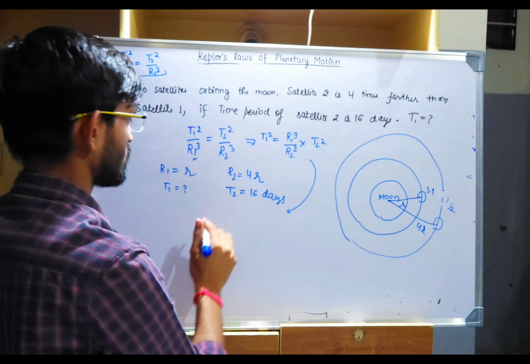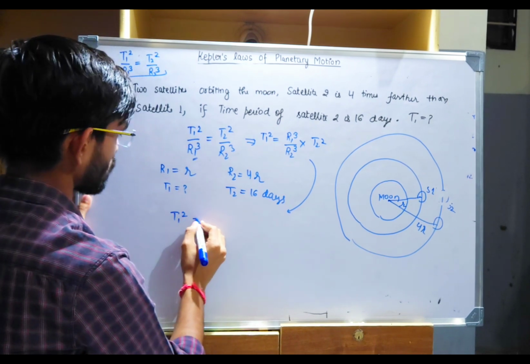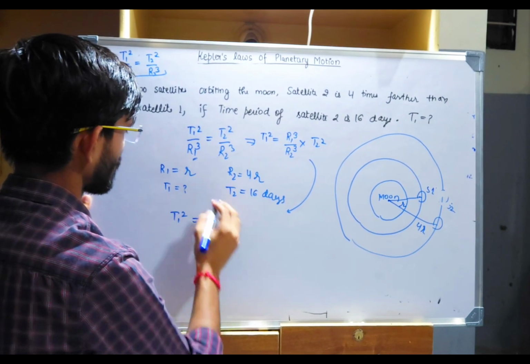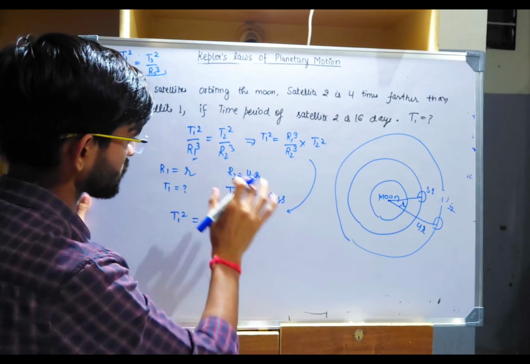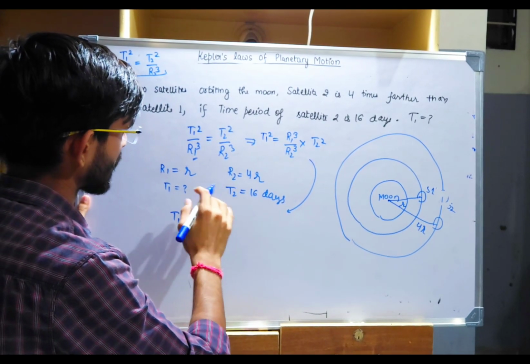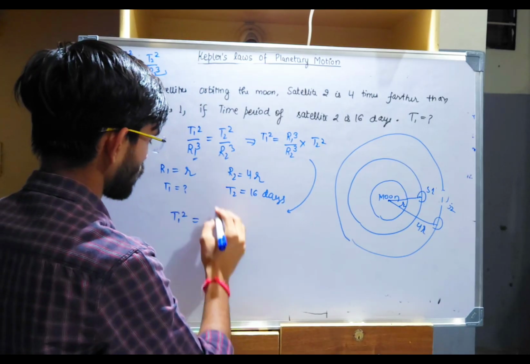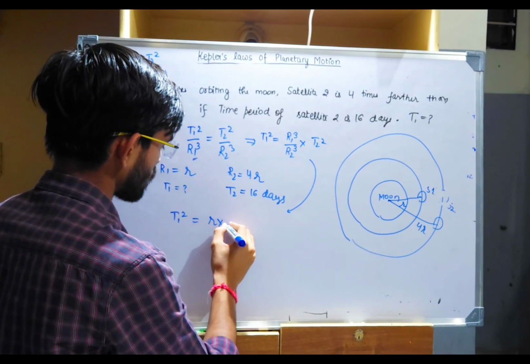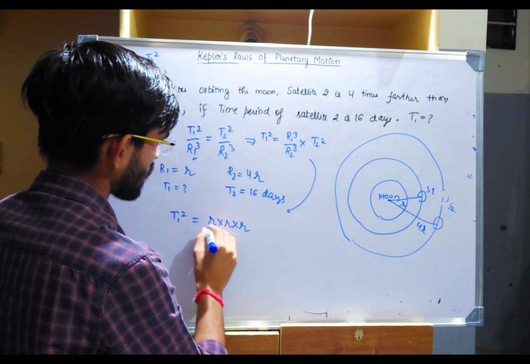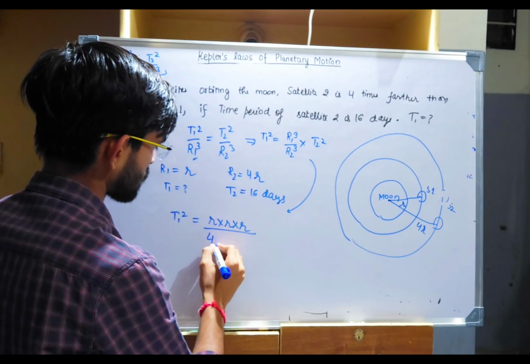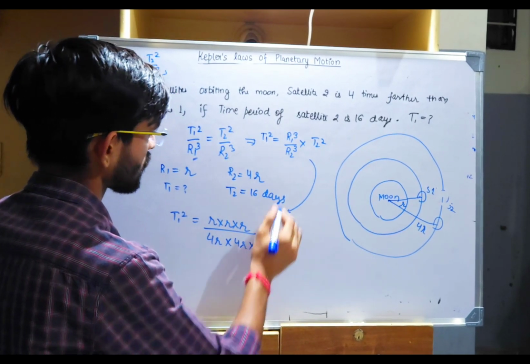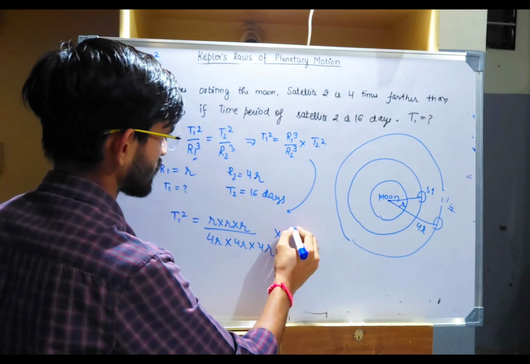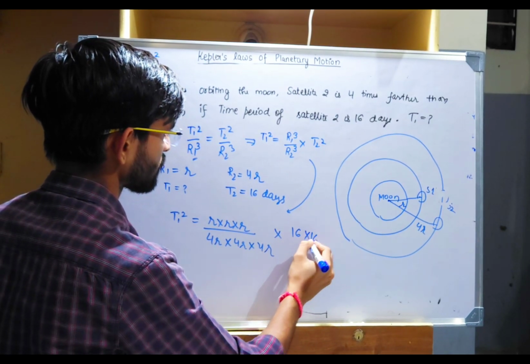Put these values in this equation. T1 square will be equal to R1 is r, so cube of r is r into r into r, and cube of 4r I can write as 4r into 4r into 4r, into T2 square, 16 into 16.